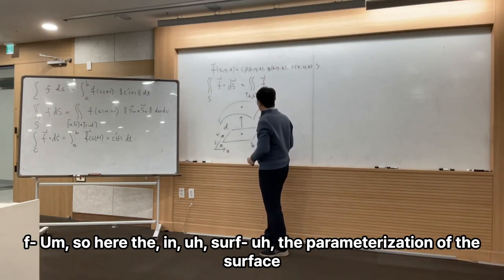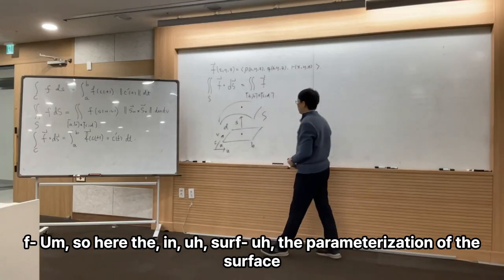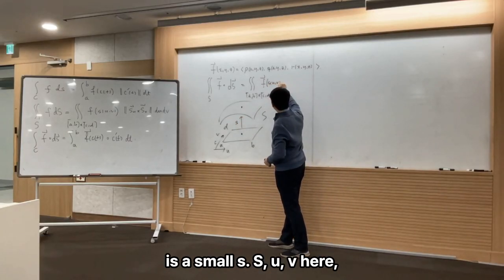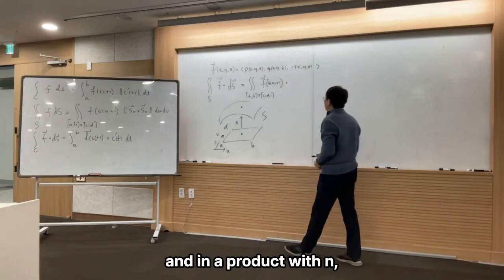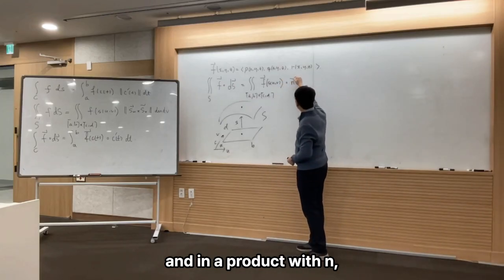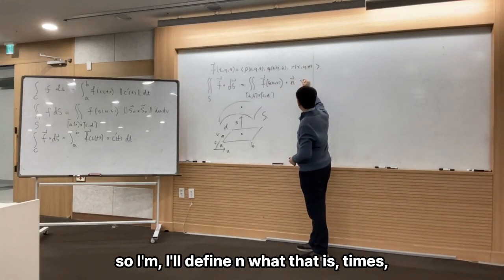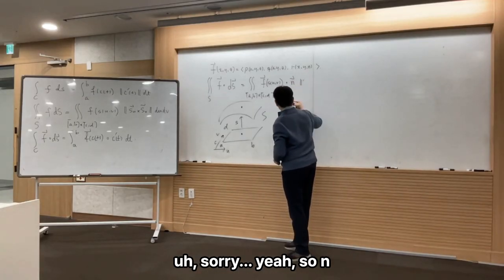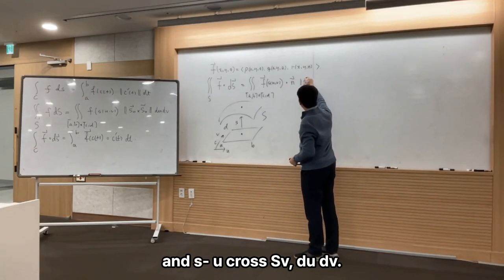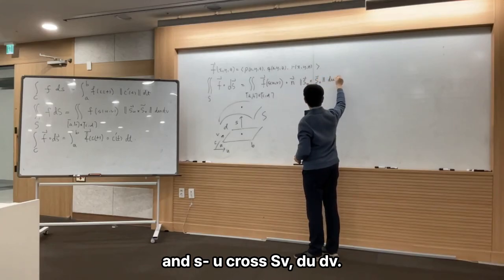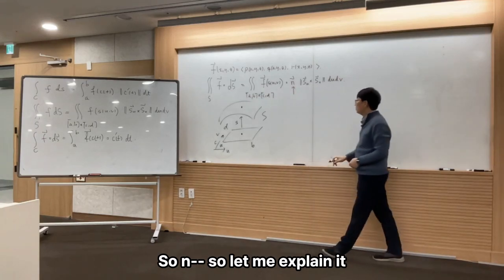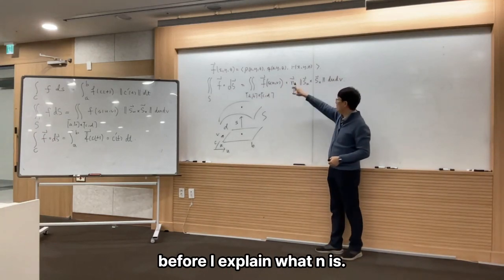F. So here the parameterization of the surface is a small s, S(u, v), and inner product with n, so I'll define what n is, times S_u cross S_v, du dv. So let me explain it before I explain what n is.